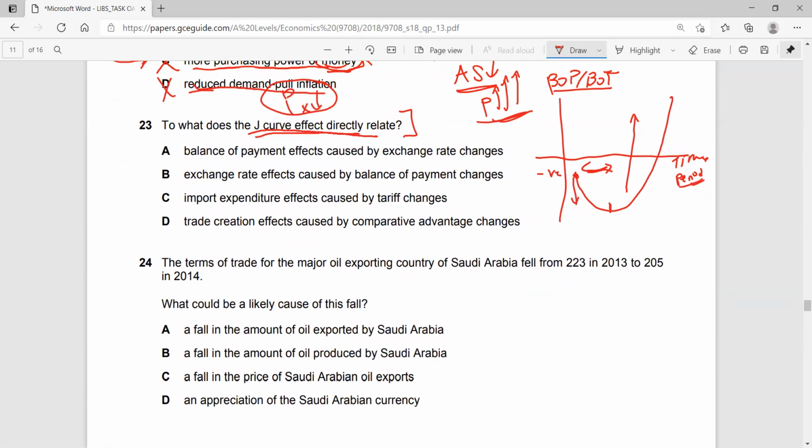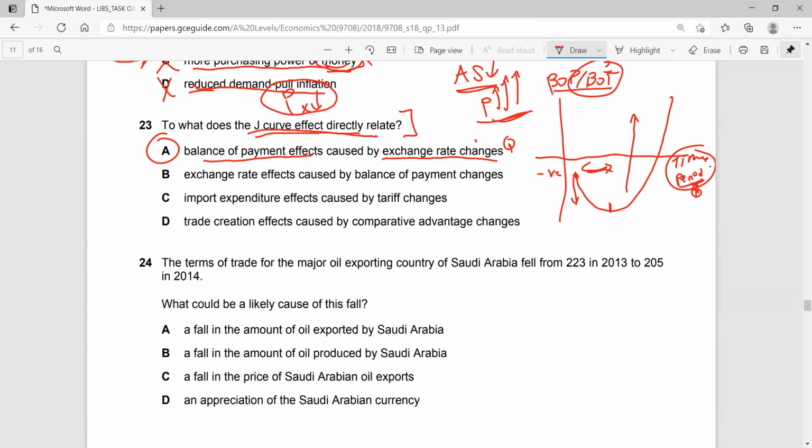What does the J curve effect directly relate to? Balance of payments and time period, yes, but balance of payments effects caused by exchange rate changes. Why exchange rate changes even though we have time period on the x-axis? Because exchange rate is what is causing this. So the J curve is showing what happens when something depreciates.